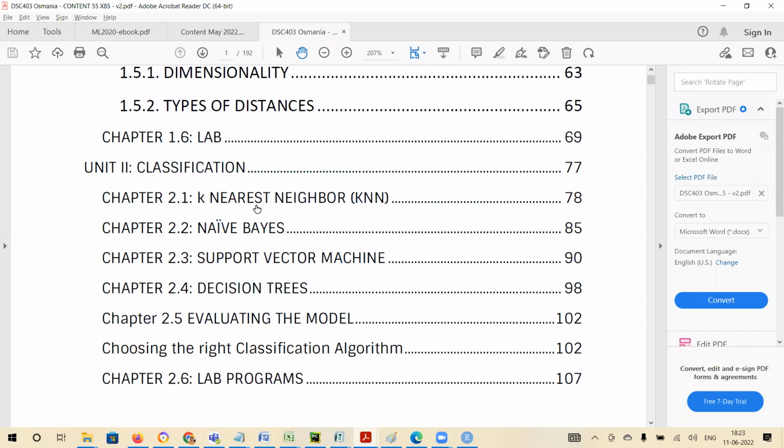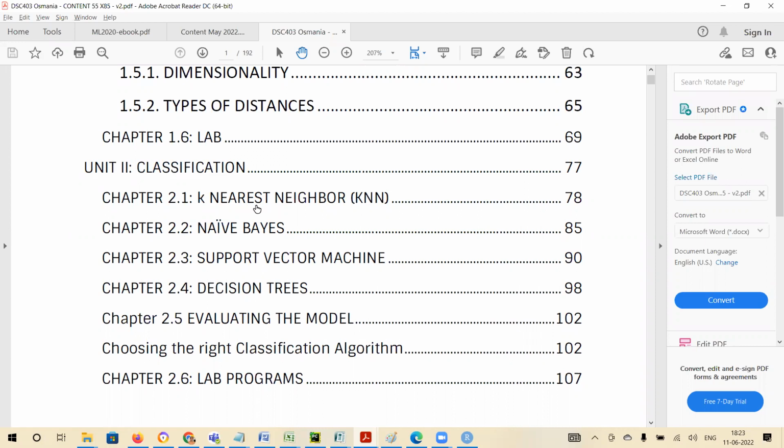So we are looking at the data set with certain features, and based on the probability of those features, we classify the element. In nearest neighbor, we look at the nearest neighbor. In naive Bayes, we compare the properties with the given data set.